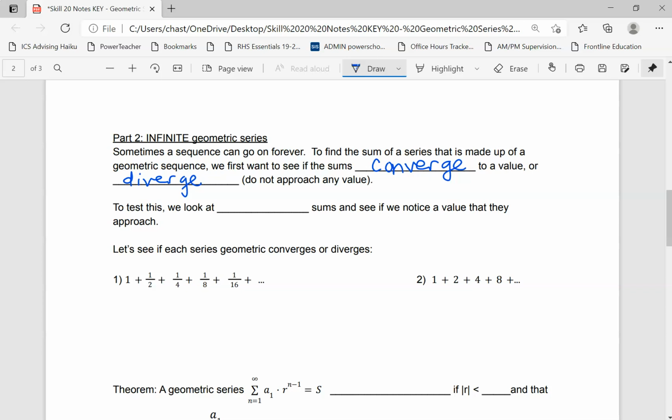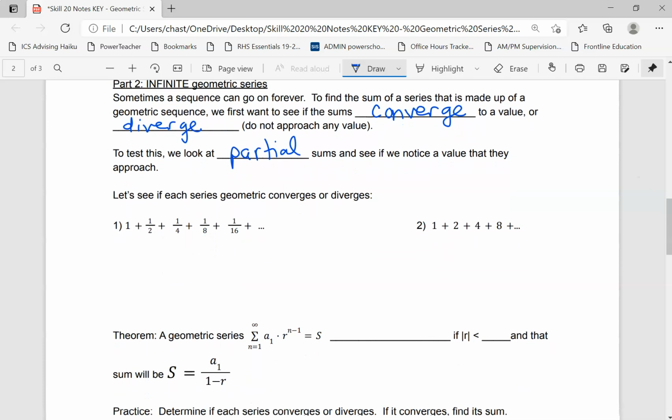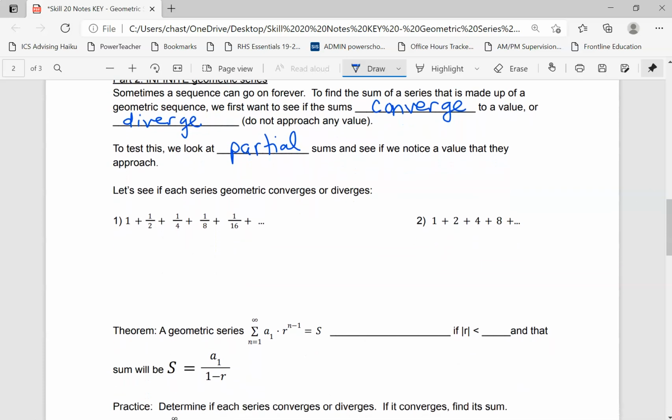To do this, we're going to look at partial sums, and we're going to look to see if we notice a value that they approach. Looking at this first one, we have 1 plus a half plus a fourth plus an eighth plus a 16th. So I'm going to figure out S1, S2, S3, and then I'll do S4, S5, and we'll see if they're approaching some value.